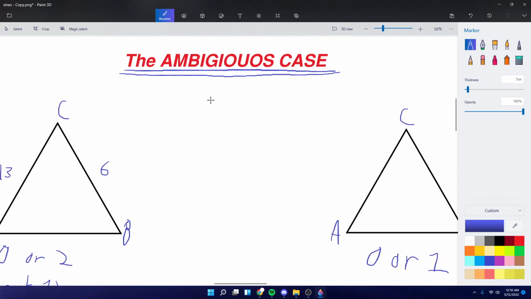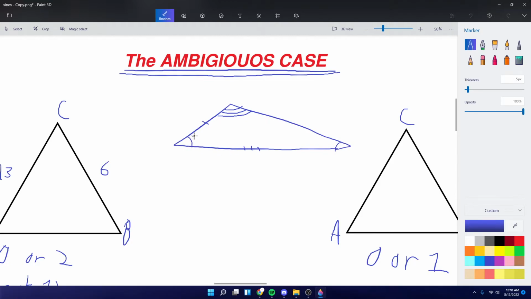So we need to remember something important about triangles. One of the rules about triangles is that bigger sides of the triangle, like this is the biggest side, will correspond to the biggest angle of the triangle, and like this is the smallest side, that'll correspond with the smallest angle.